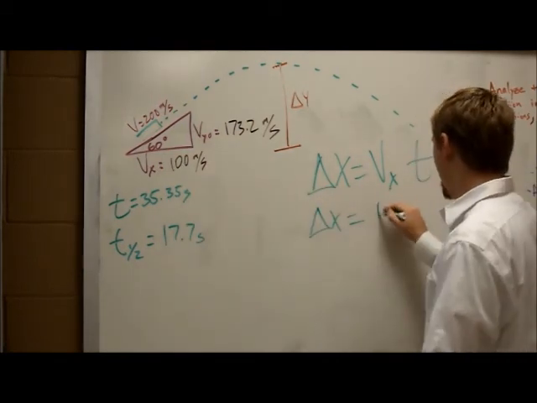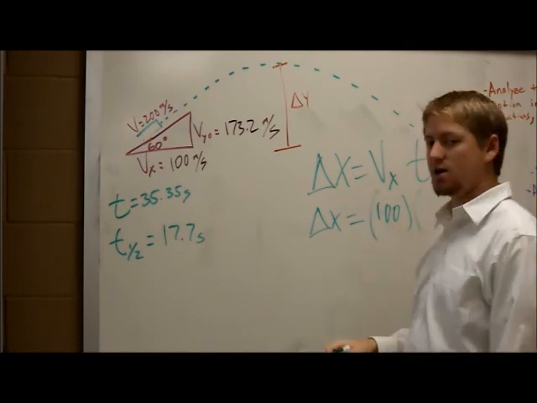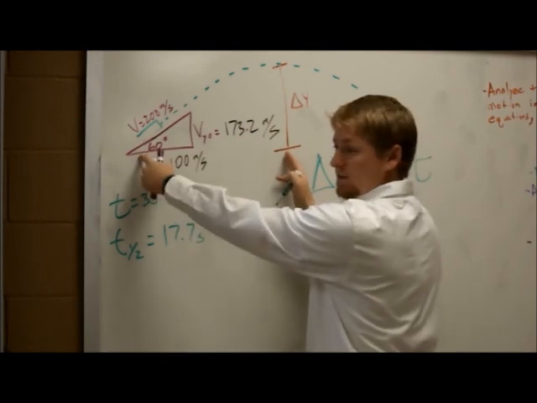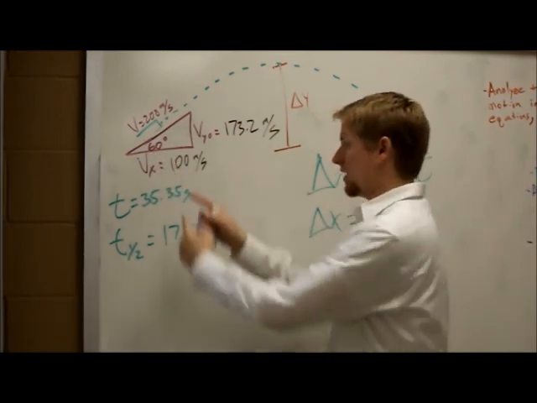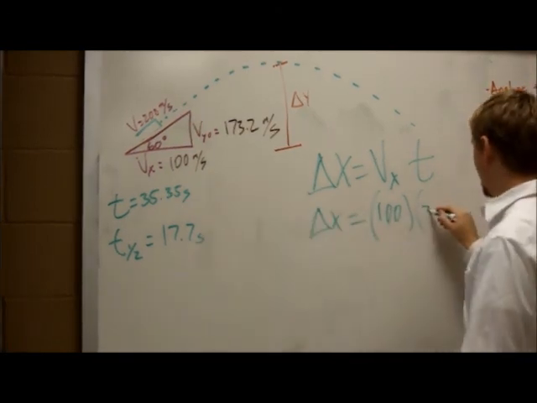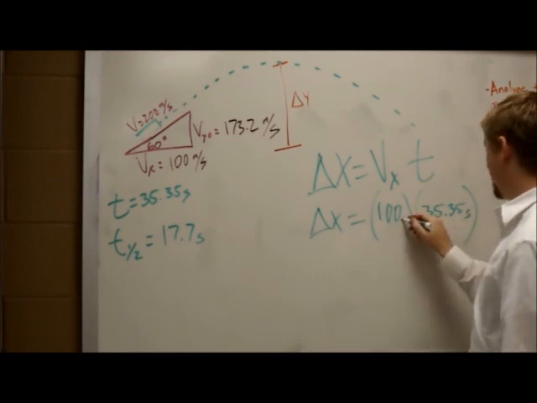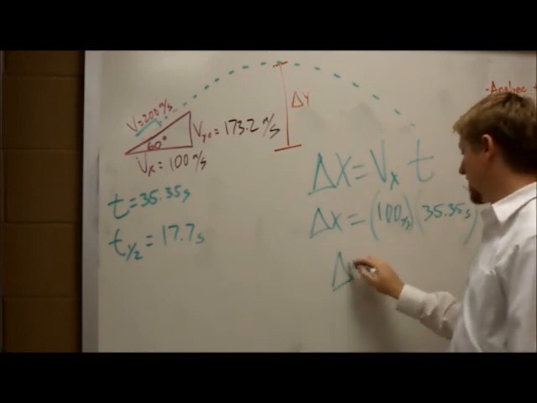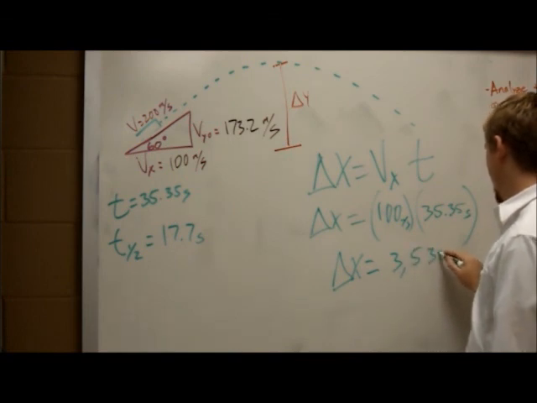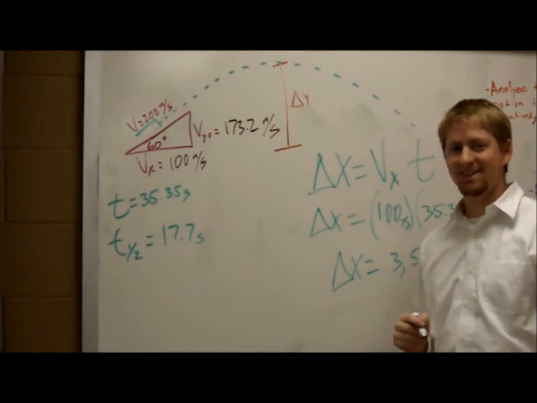Never changes, right? 100. Now, do we need to use our full time or our half time? Well, if I wanted to know how long it would be to get halfway there, then I would use half of my time, but I don't. I want to know the whole trip. 100 times 35.35, which we found earlier. Seconds, meters per second, make sure we have our units. Delta x equals 3,535 meters. No problems, right?